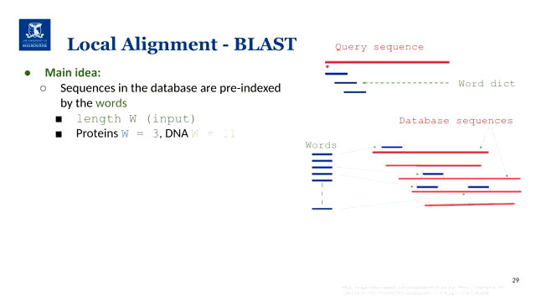Usually the default for BLAST is 3 for proteins and 11 for DNA. So we'll have a sliding window, 1 by 1. For proteins, the first 3, let's say from the alphabet, will be A, B, C, then B, C, D, then D, E, F, and so forth. So we have K minus 3 words in a given sequence.